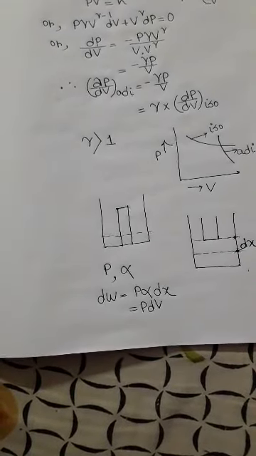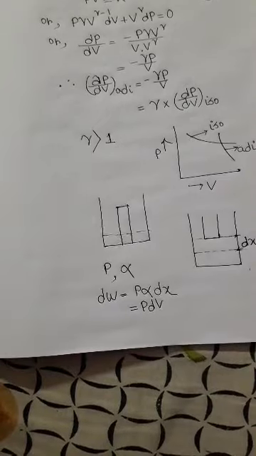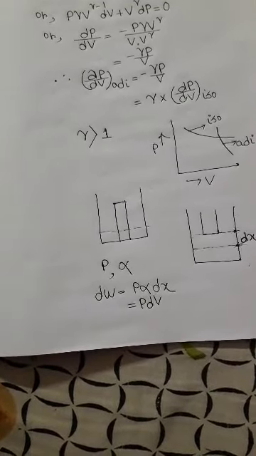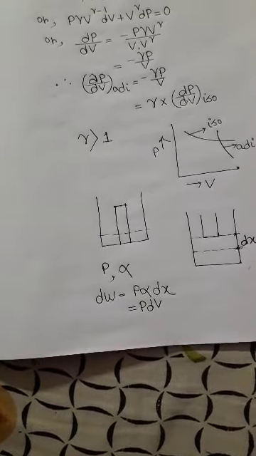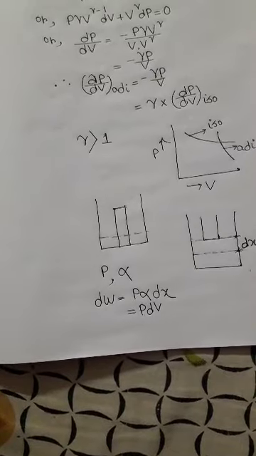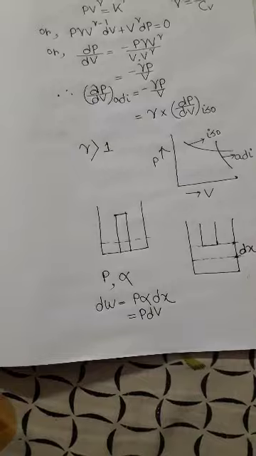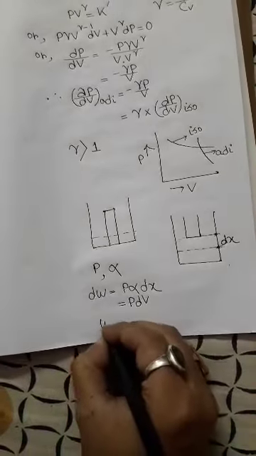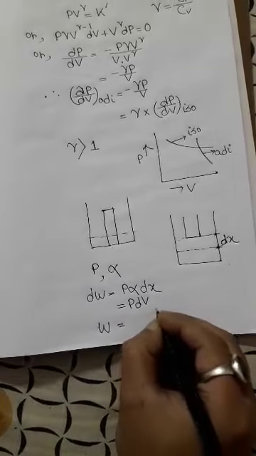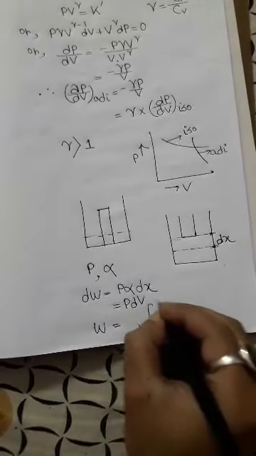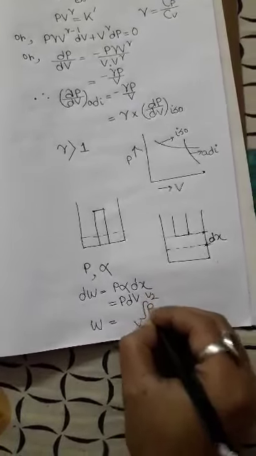This is the expansion of the gas during a small expansion of volume dV. Now if we take the initial volume of the gas V1 and the final volume V2, then the work done by the gas during this expansion from V1 to V2 is the integral from V1 to V2 of P dV.